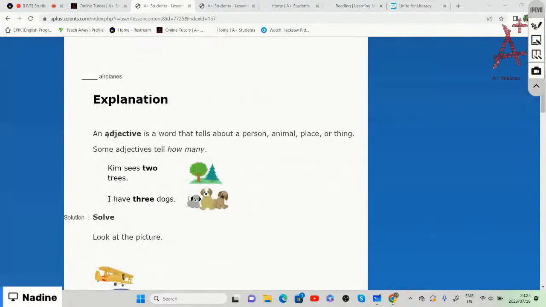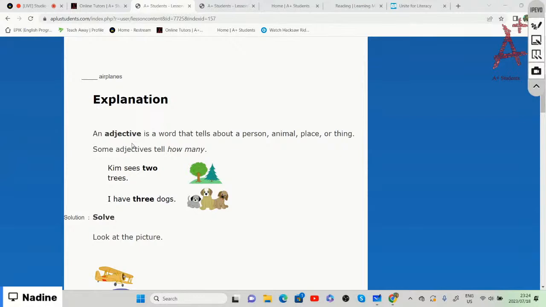So yeah, they're even saying that an adjective is a word that tells us about a person, an animal, a place, or a thing. And some adjectives tell us how many. Remember in our previous lesson, we said that adjectives tell us what kind.